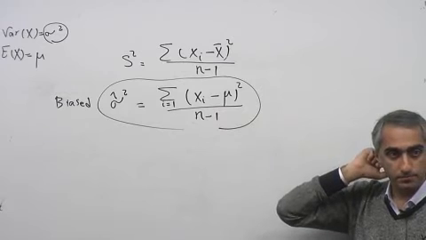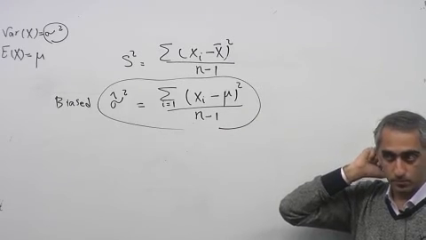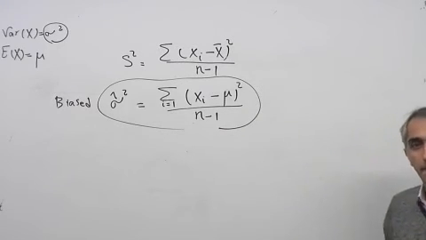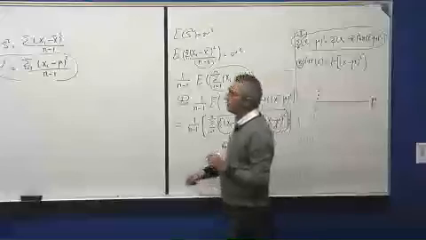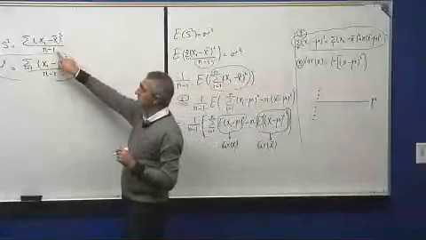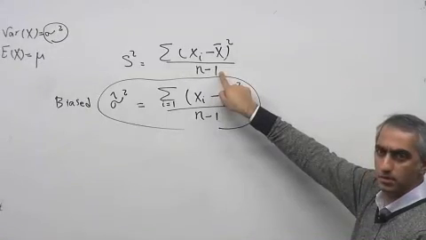Any questions? Yep. Last time you used sigma squared over n for the variance of x bar. Yes, I'm using it. Then here you used n minus 1. For this guy, this is not the variance of x bar.